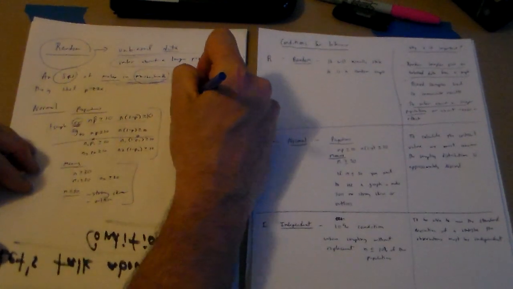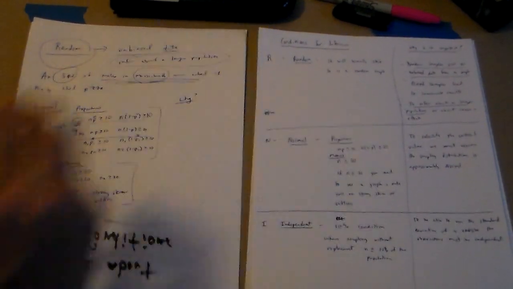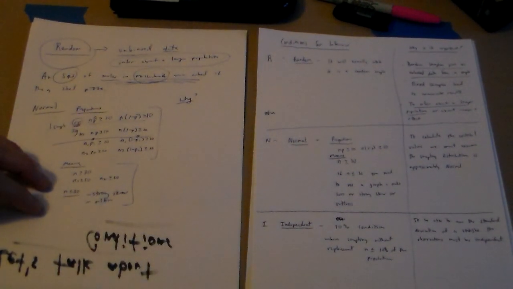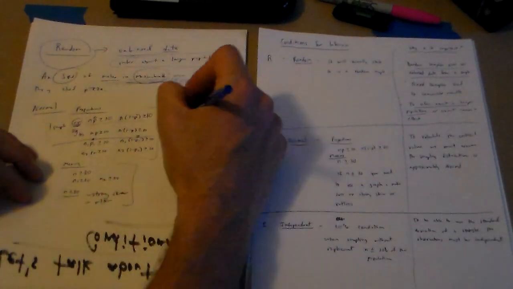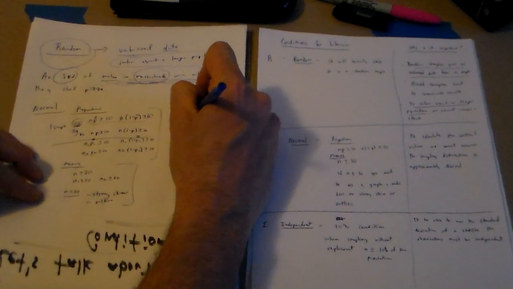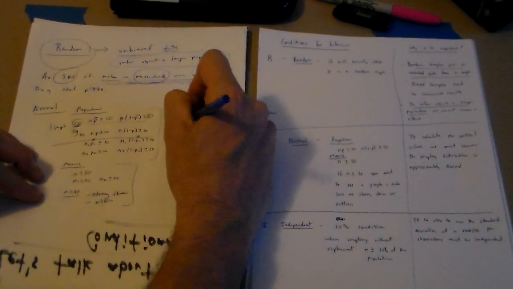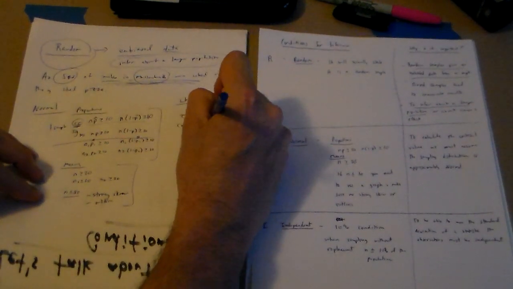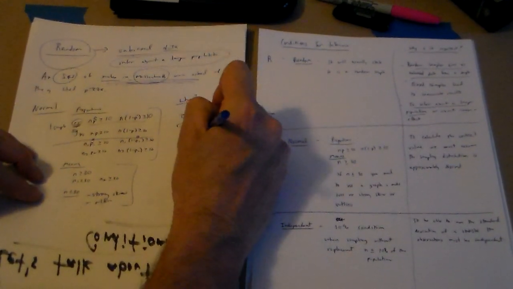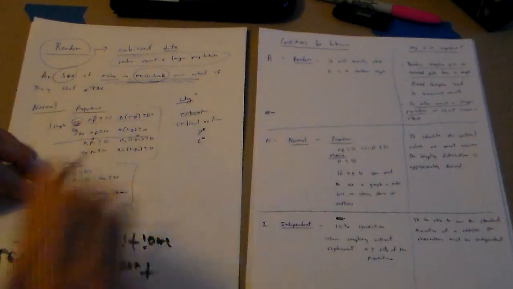If they asked you why do we need the normal condition? The whole point of that is because in our question, we're trying to find a critical value, whether that be a critical z or a critical t.